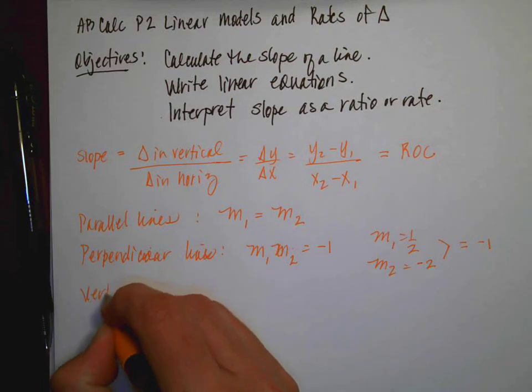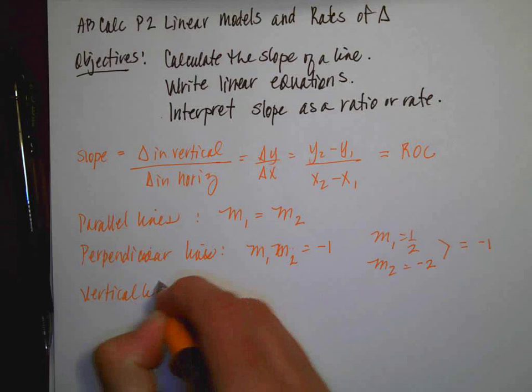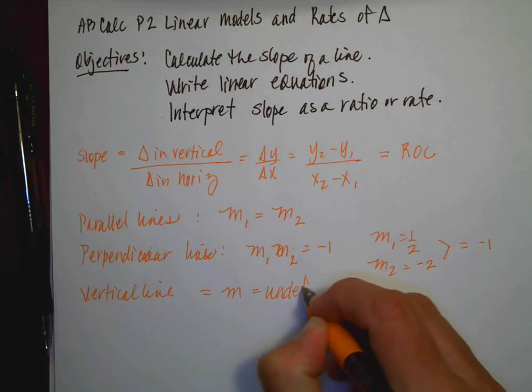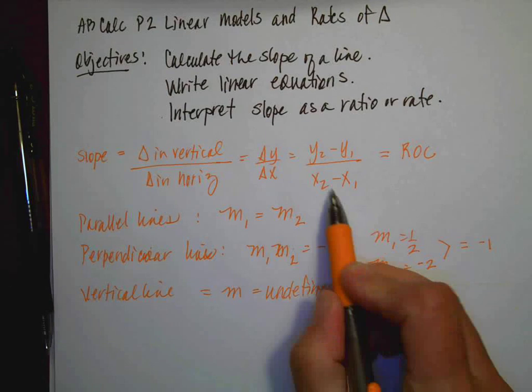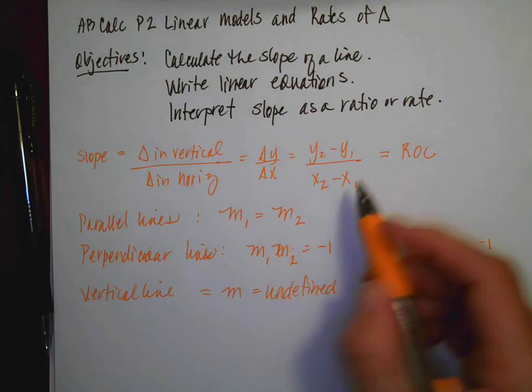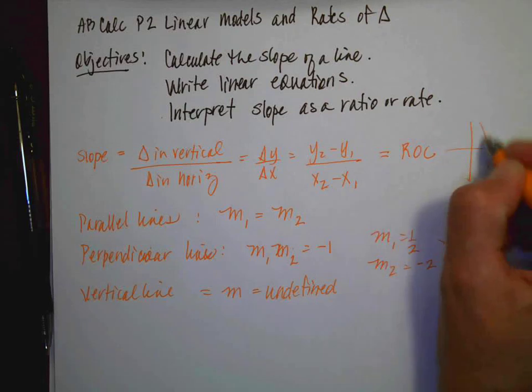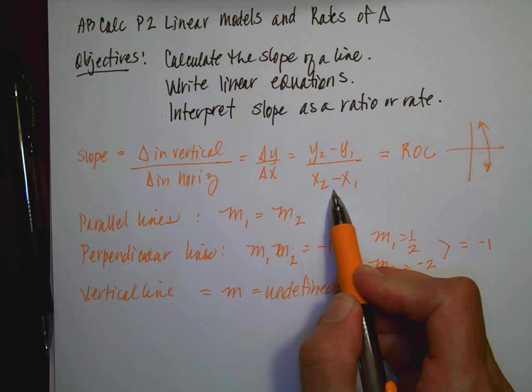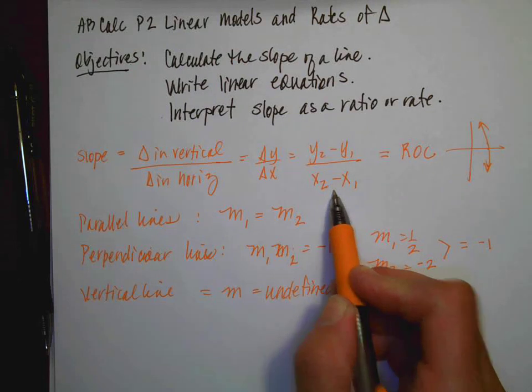If I have a vertical line, the slope is undefined. And if you'll look back at our formula, that's because if I have a vertical line, all of my x's are the same, so if I subtract, then the difference is going to be 0, and then the world explodes.